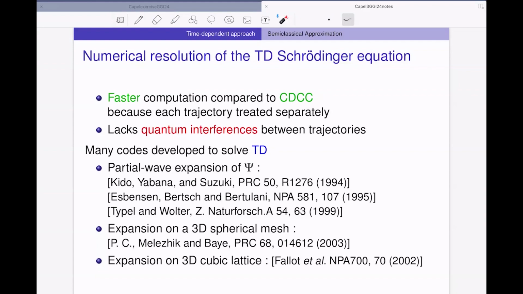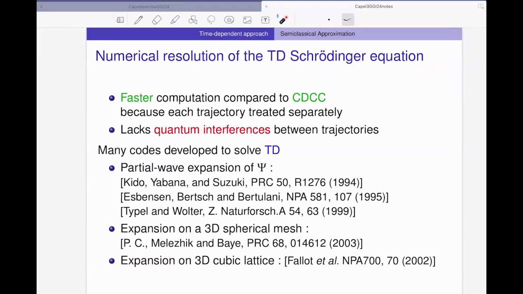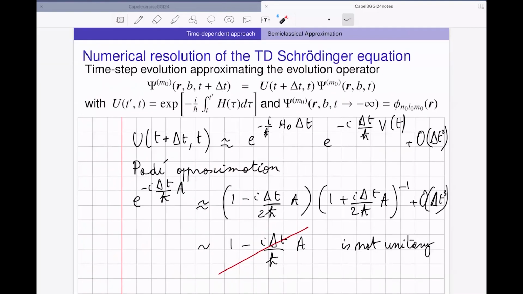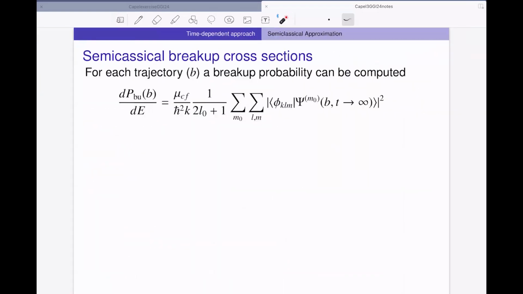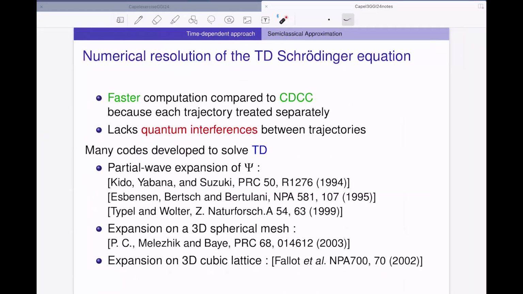So there they do a slightly different separation. What they separate is not H0 and V, it's the kinetic operator of H0 and all the potential. And because they are on a cubic lattice, they use fast Fourier transform to treat the kinetic operator. So they have a kinetic operator which is diagonal in one base, but they have to go back to the mesh to describe the potential. So it's a similar idea.